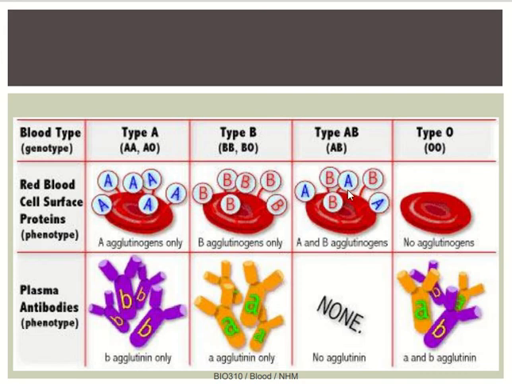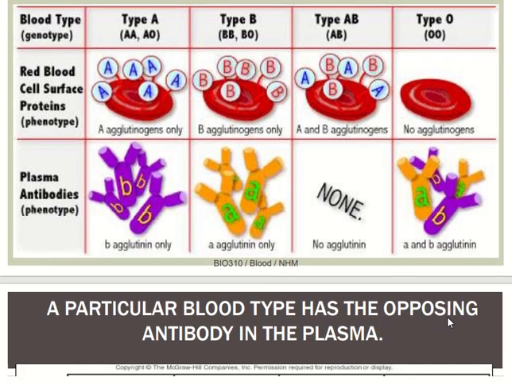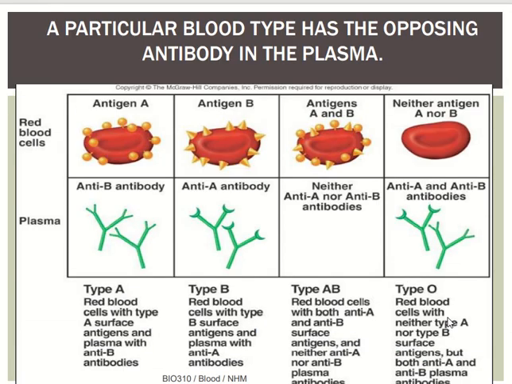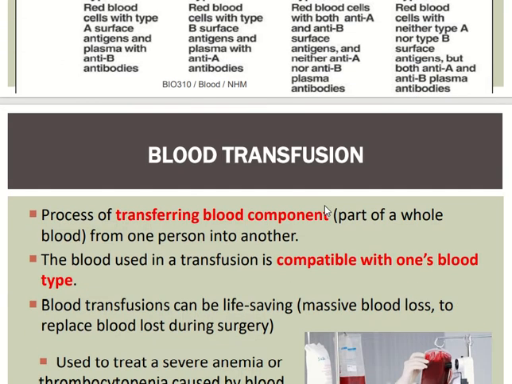For AB, since it recognizes both A and B, it does not produce any antibody. And type O does not have any antigens, so it will produce both A and B antibodies. As you can see here, it is the same as the previous slide.